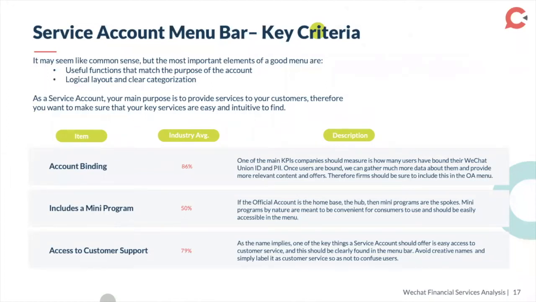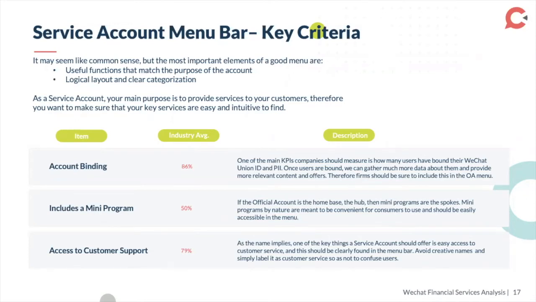So during our research, we found 50% of the accounts link to at least one mini program on their menu bar. And the users can just one-click to authorize their WeChat information and bind it with their verified phone number or send real-time location.